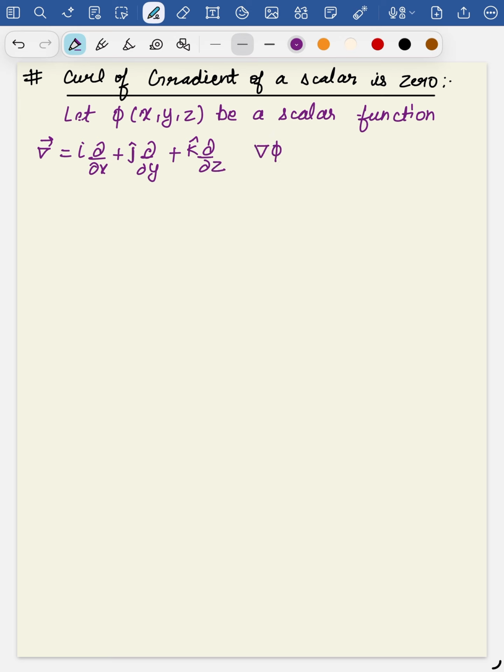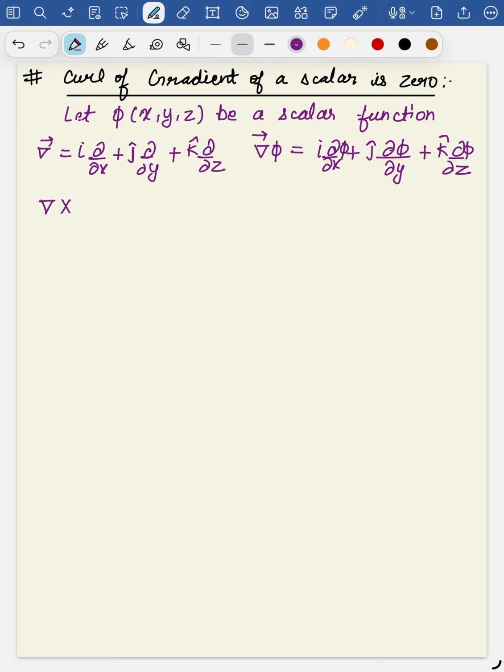So the gradient of phi, meaning del operating on the phi function, will be i del phi by del x, j del phi by del y, k del phi by del z. So what we have to find is the curl of the gradient of a scalar is 0. We have to prove the value of this is 0.